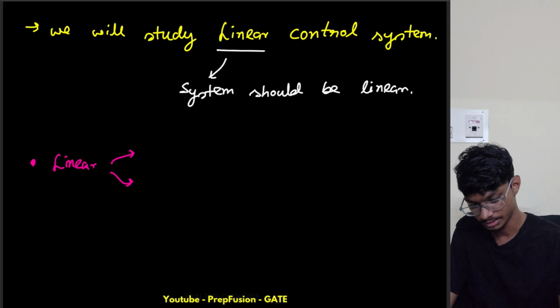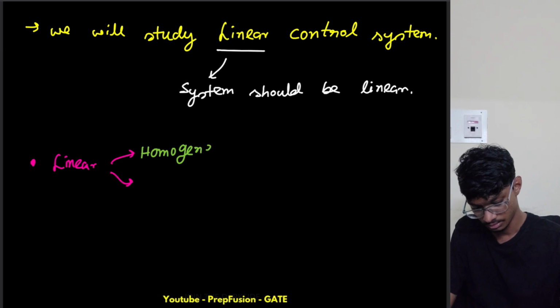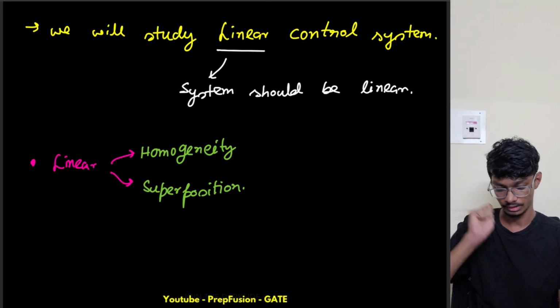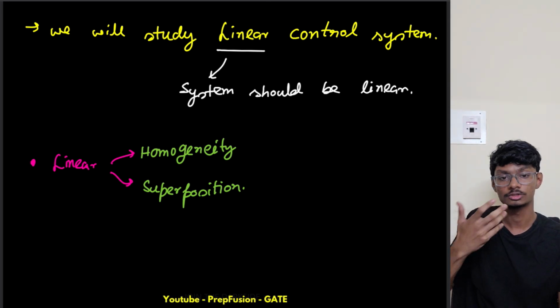It should follow two properties: homogeneity and superposition, right? Okay, so what does homogeneity mean, or what does superposition mean?